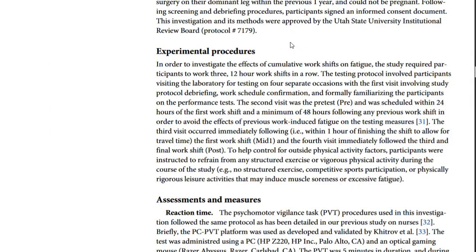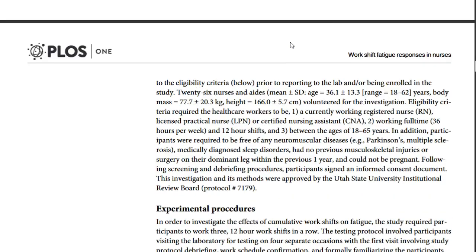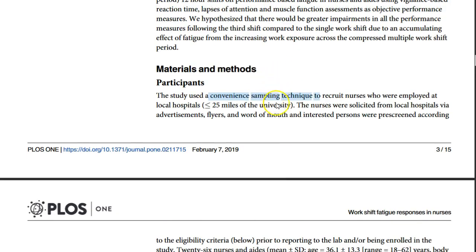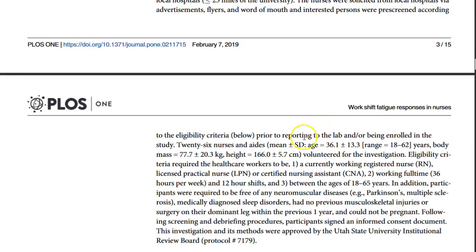Now, the final result of critiquing the inclusion-exclusion and the study sample is to make an assumption about how well the people who are studied in this particular study are going to be representative of nurses as a whole. And in this case, you can also see that they didn't get that many of them.